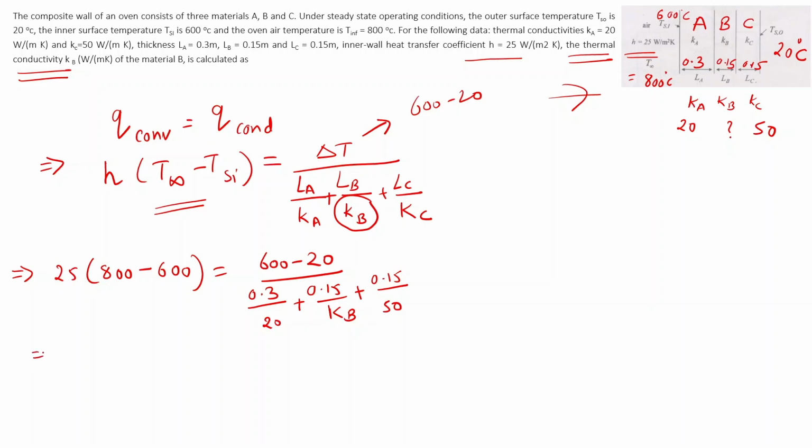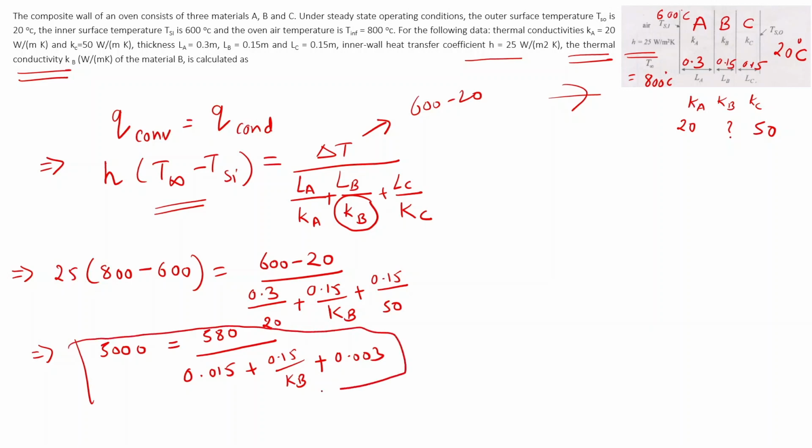Okay, so this you can write as 25 times 200, that will give us 5000 is equal to 580 upon 0.015 plus 0.15 upon Kb plus this will become 0.003.